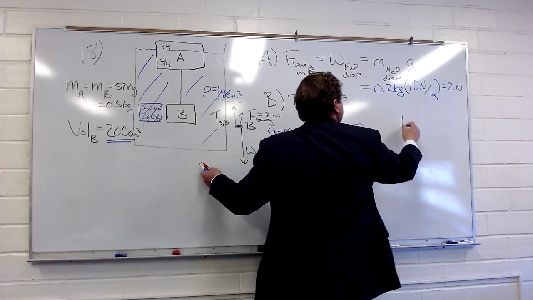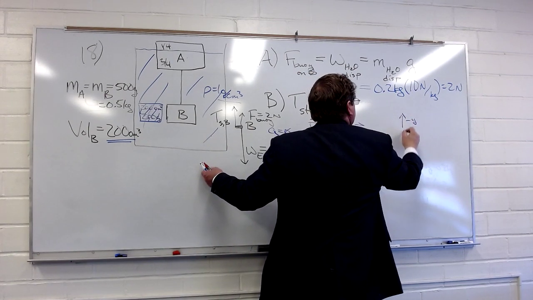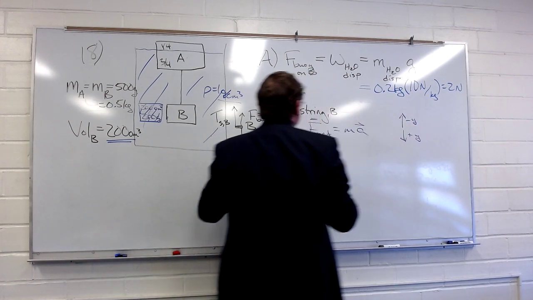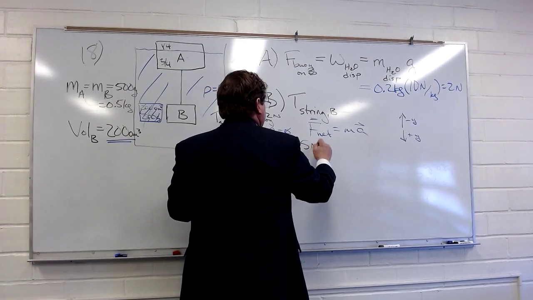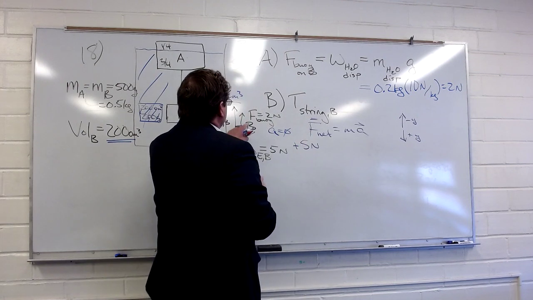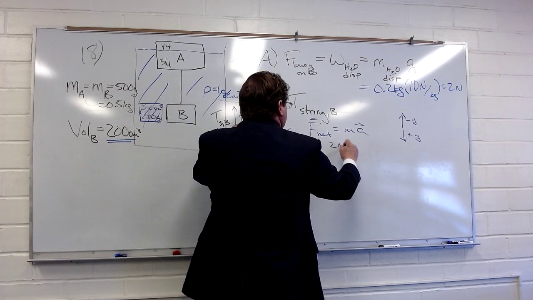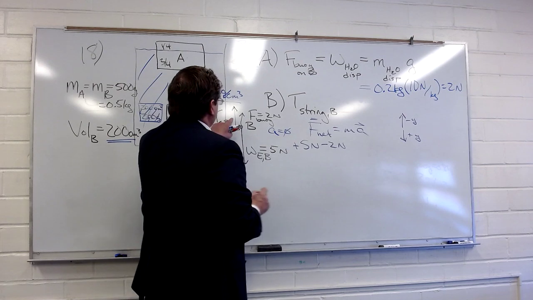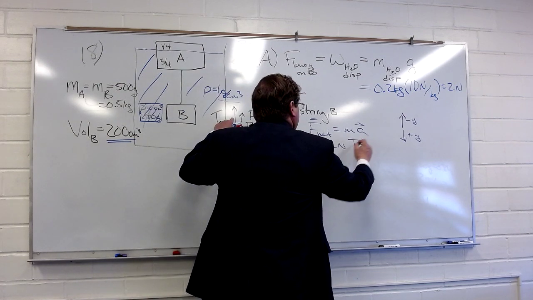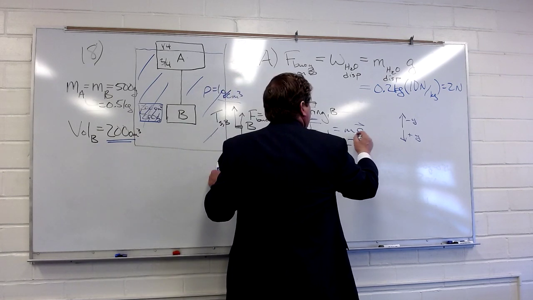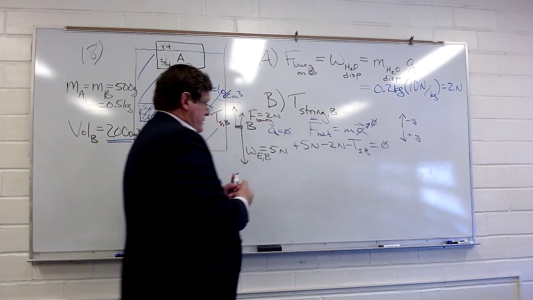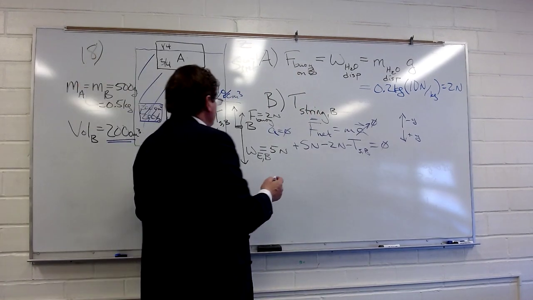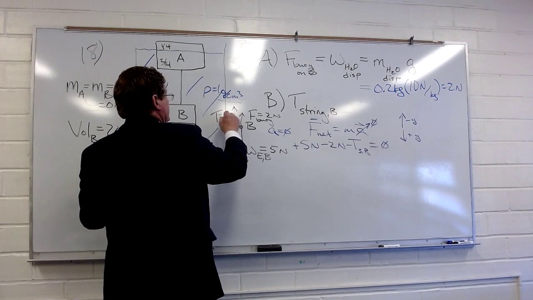Let's call up the negative y direction and down the positive y direction. So I've got a weight force of 5 newtons, that's down, so it's positive. I have a buoyant force of 2 newtons up, so it's negative. I have this tension force up, so it's negative, and that's equal to the mass times the acceleration, but the acceleration is 0, so that's going to give me 0. And if I solve for that, the tension has to be 3 newtons.